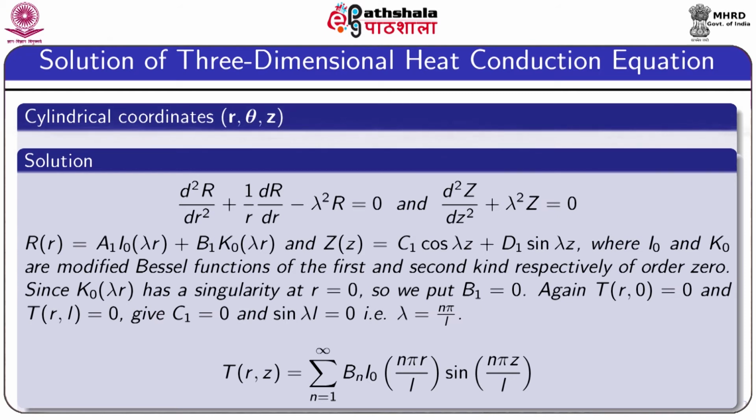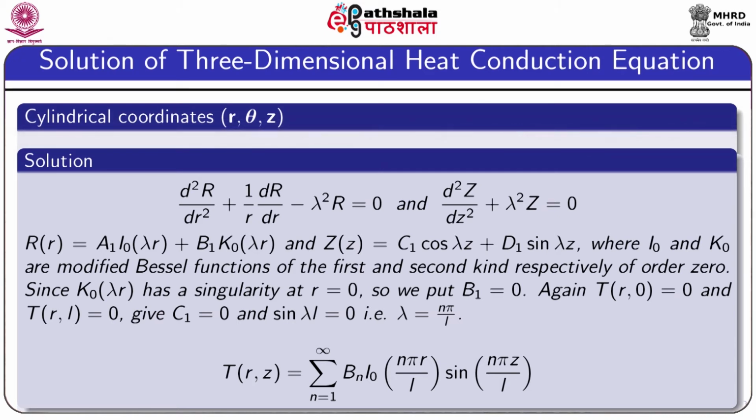If we observe this equation, the solution can be obtained easily. Solving the Z equation, we get Z as C1 cos lambda z plus D1 sin lambda z, and the equation in R is a modified Bessel equation.